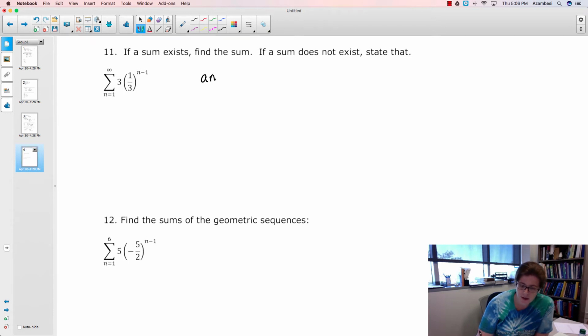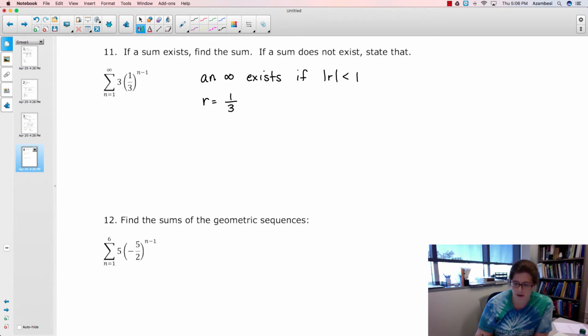So an infinite sum exists if our R value is between -1 and 1, or the absolute value of R is less than 1. Here R is equal to 1/3.